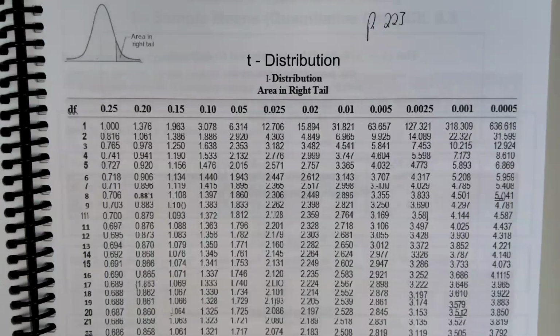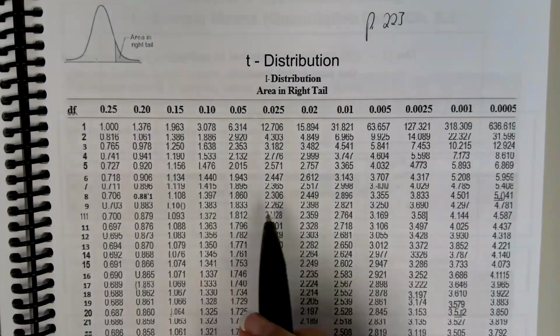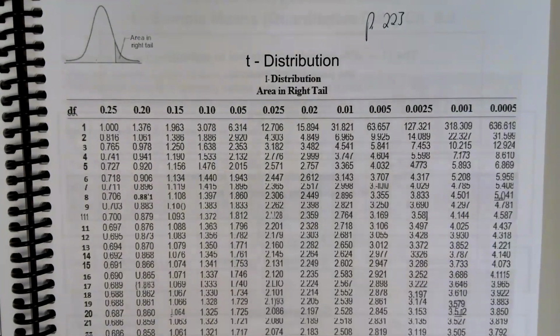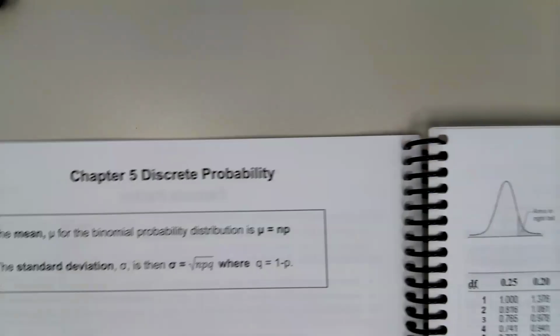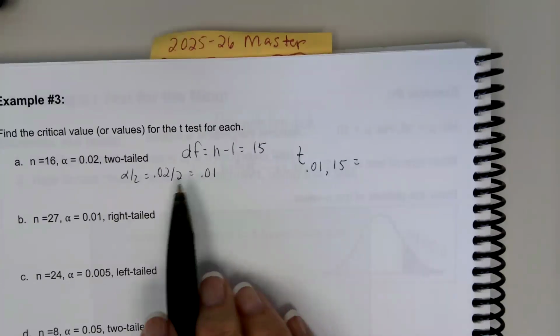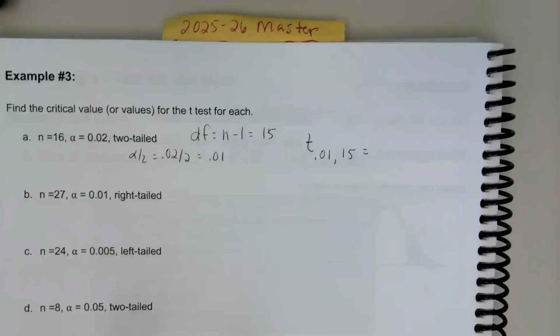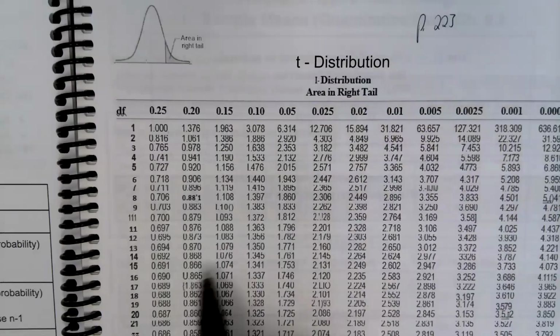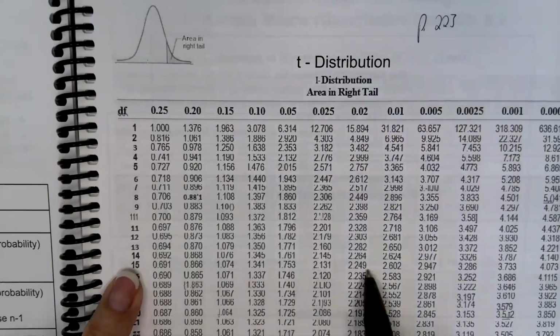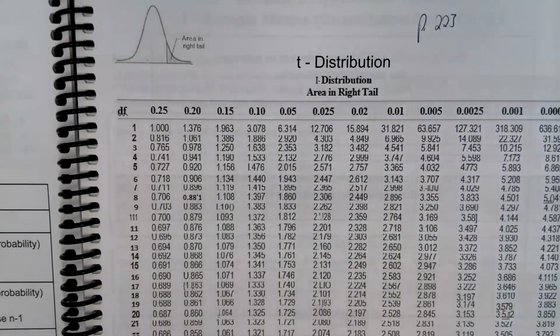And we're looking at 0.01 and degrees of freedom of 15. So right there, 0.01, and then we're going to go over here to 15 and 0.01, so it's right here, 2.602.